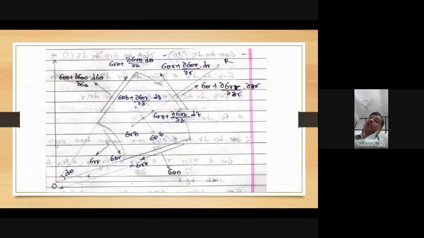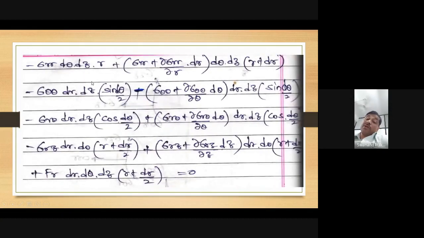However, this is acting towards this O, and we are going to resolve along the R direction, which is opposite to that. So that's why this is considered negative here. Minus sigma RR d theta dz R represents the force acting on this inner surface in a radial direction.